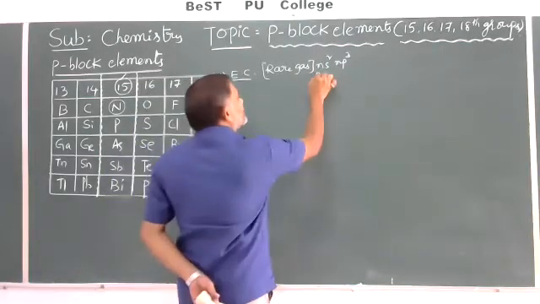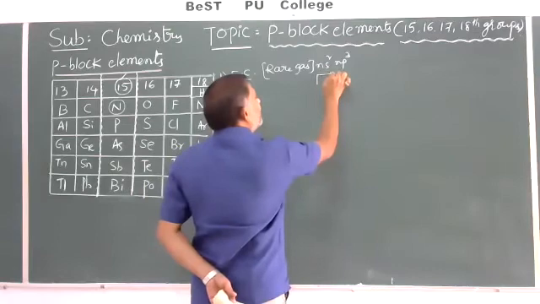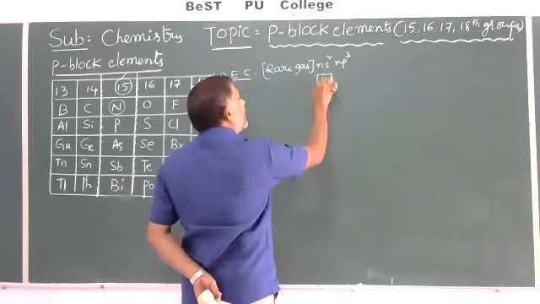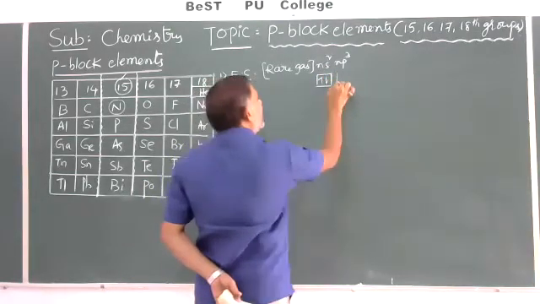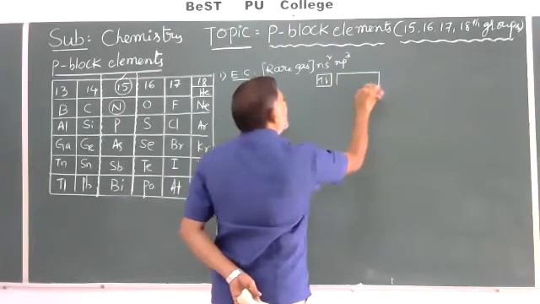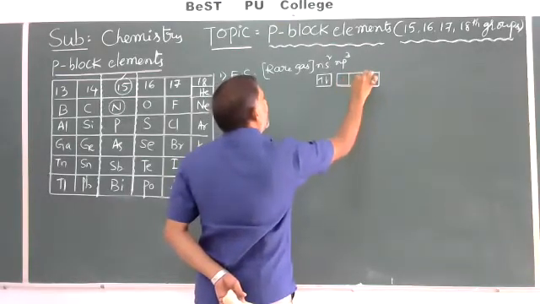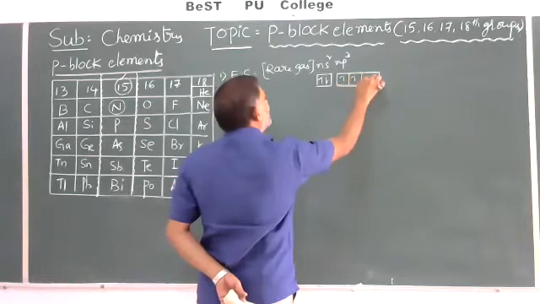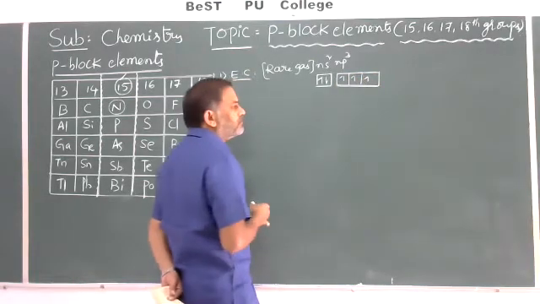In its outermost orbit, 5 valence electrons are there. Here 2 are paired and the remaining 3 are unpaired. This is the 15th group element.